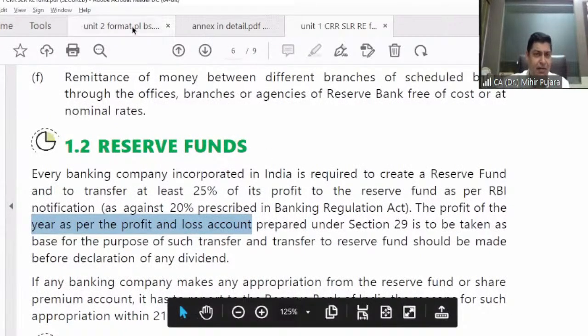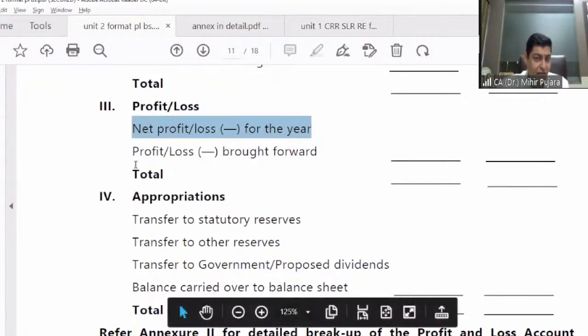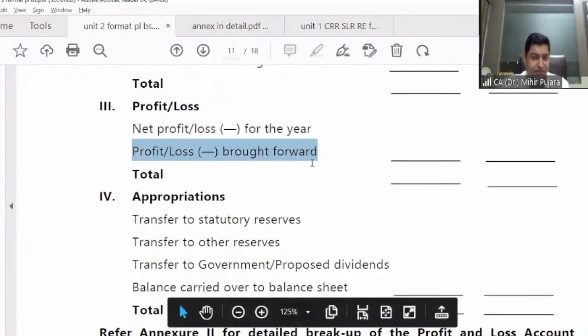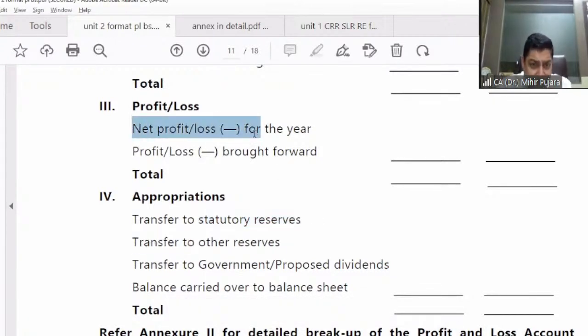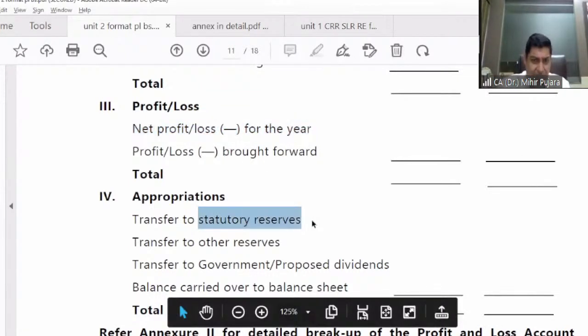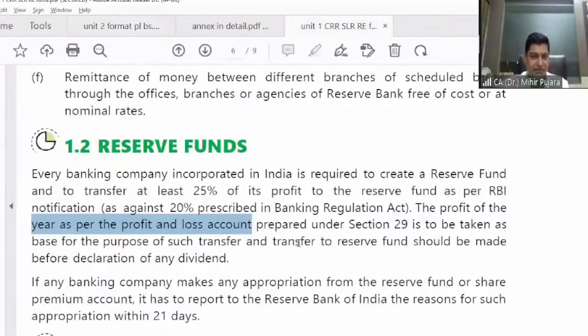Here, you will find out the current year profit and you will add the last year profit. Then this reserve only should be considered on net profit of the current year, not total profit.